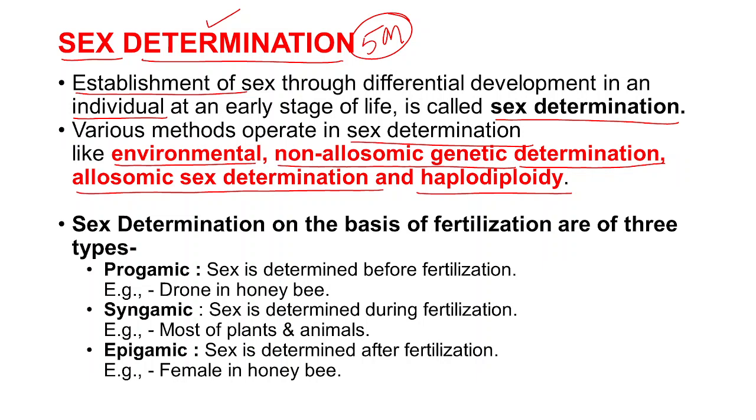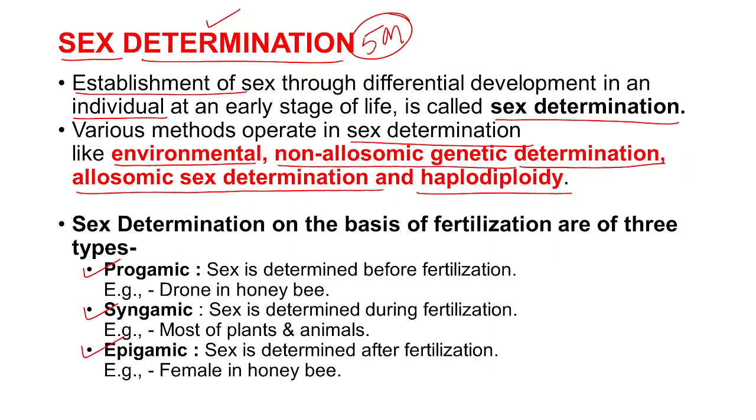See, in the first one, sex determination based upon fertilization is of 3 types. Which are they? The first one, progamic sex determination, second one, Singamic, third one, epigamic.